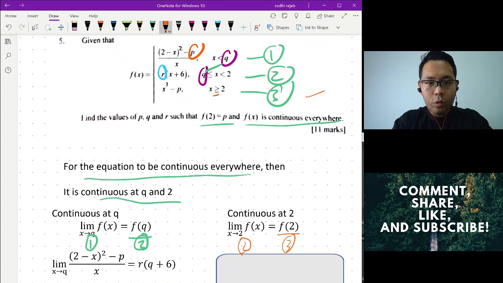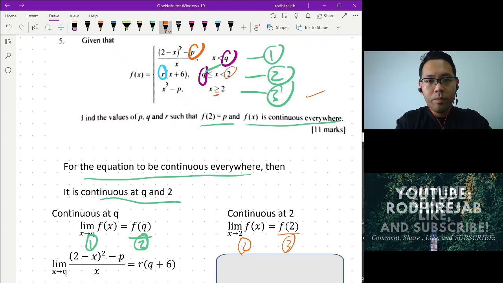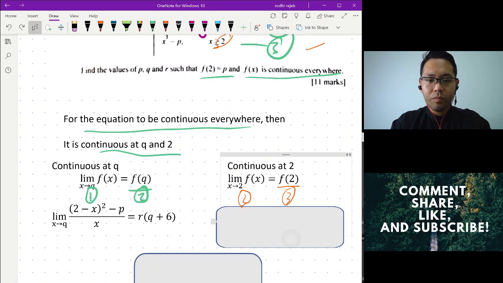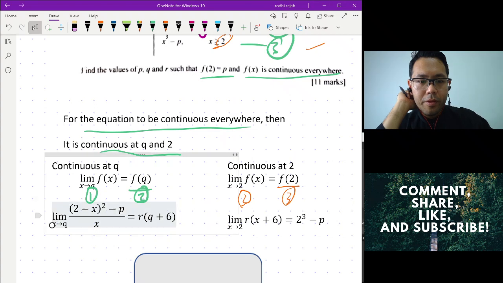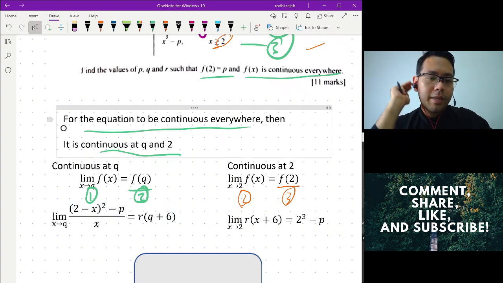Why am I taking equation 2 and equation 1? Because there's 2. You're doing continuity at 2, so you should do the one with the 2. So let's continue, substituting. Okay, but right now we still can't solve it because there's still a lot of unknowns.